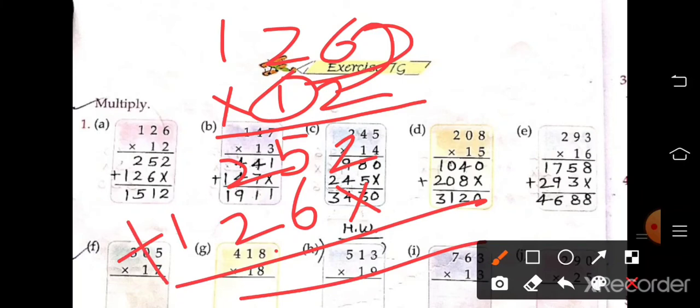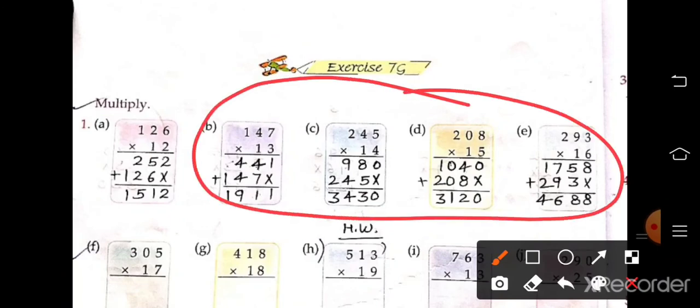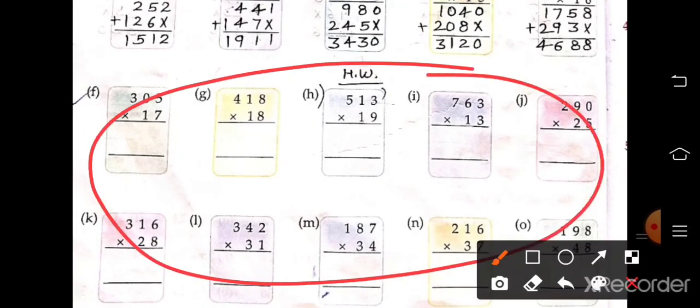Now add 2 6 5, 11, 1 here carry 1, 2 2 4 and 1, 5 and write this one as it is. So like this you have to do these parts. Now this is your homework.